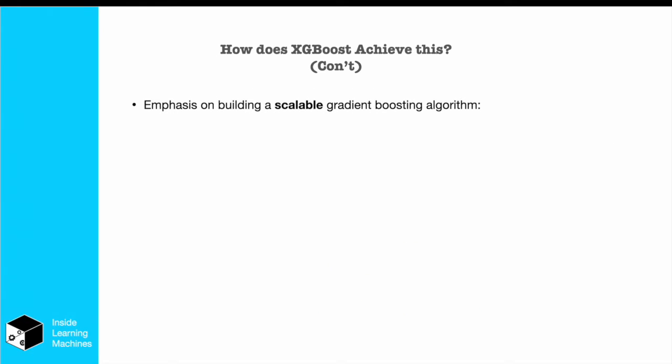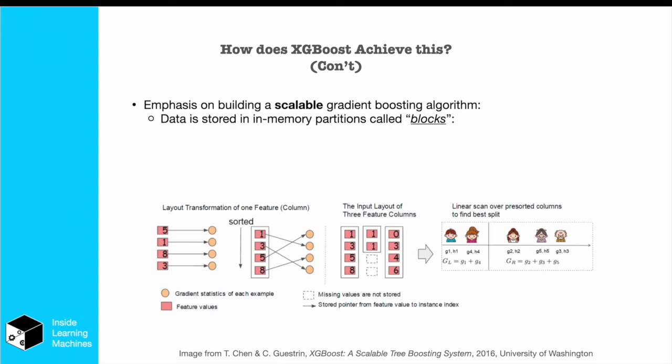Now, continuing on with the emphasis on building a scalable solution, the next element focuses more on how we implement the solution. So the data is stored in in-memory units called blocks in order to reduce the time of sorting.